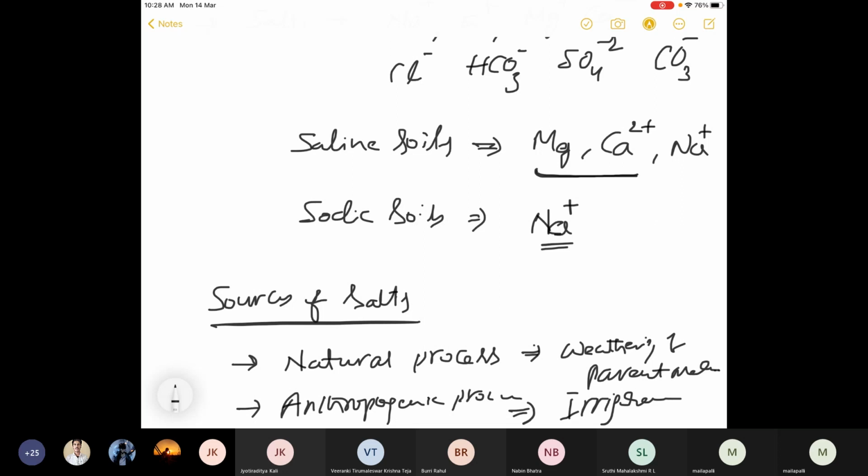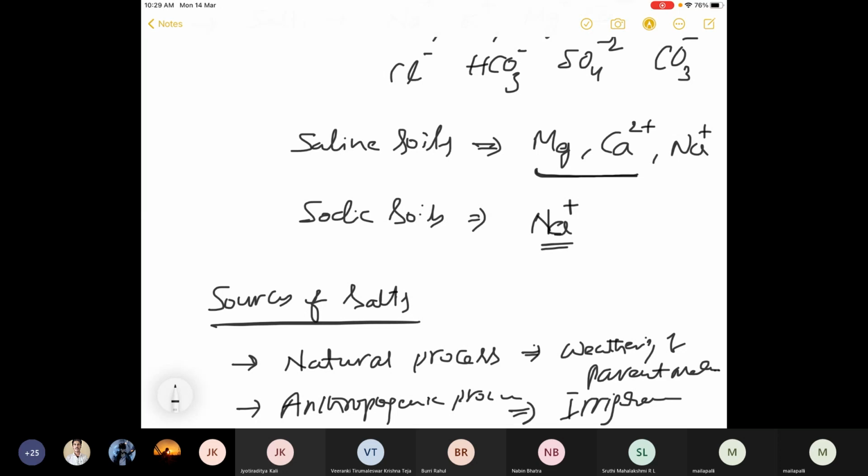If the irrigation water contains salts at a concentration more than what is recommended, then there is a problem. When you apply that irrigation water in the field, indirectly you're dumping salts into the soil. Okay, so that's one of the sources of salts being added to the soil.